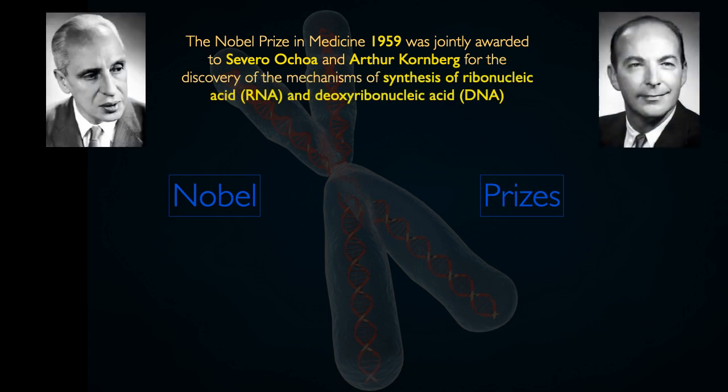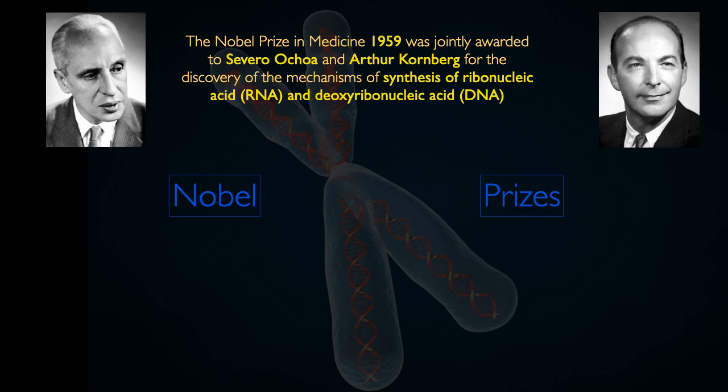how DNA and RNA were synthesized was discovered by the Spanish doctor Severo Ochoa and the North American Arthur Kornberg. They got the Medicine Nobel Prize in 1959 for their discoveries.